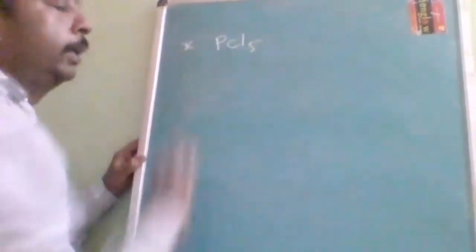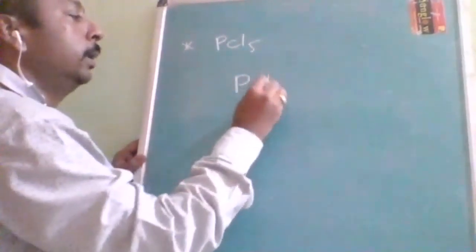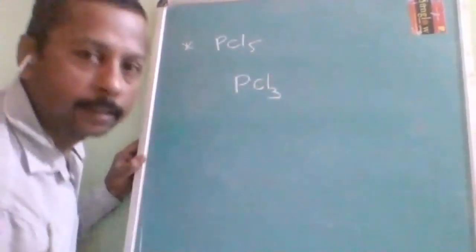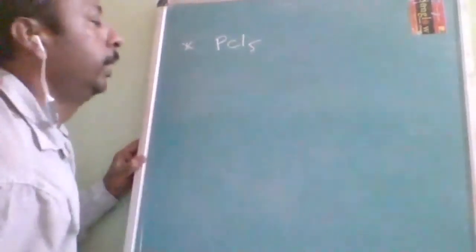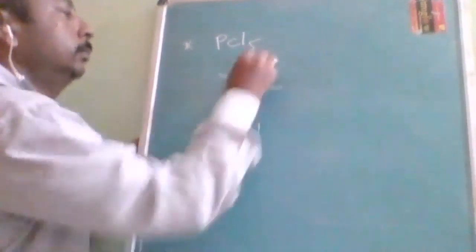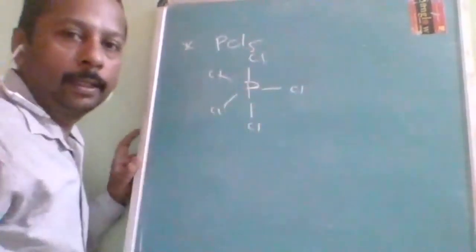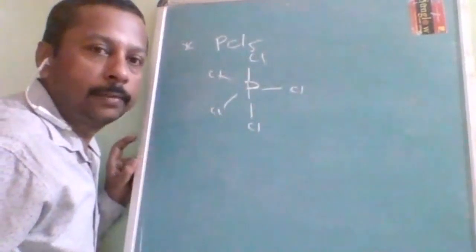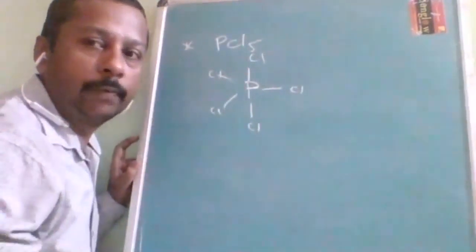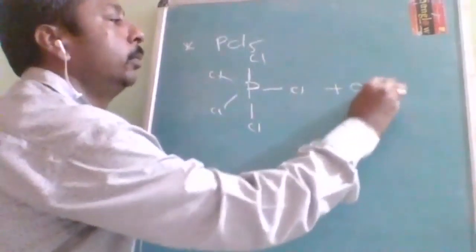Miscellaneous properties, a very important thing is PCl5. In the structure of PCl5, these two chlorines are very weak because of the axial bonds. Because of the axial bonds, it will try to exchange with OH.